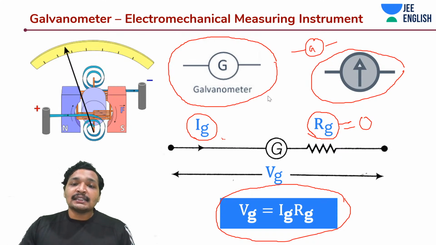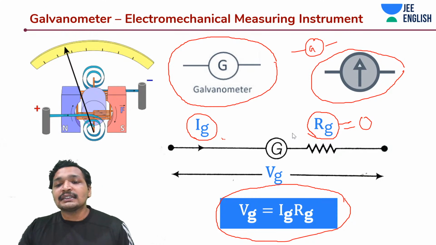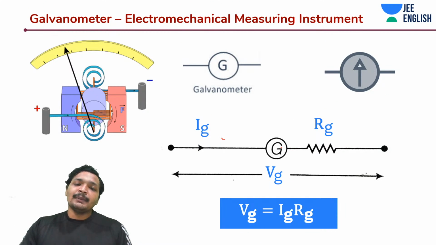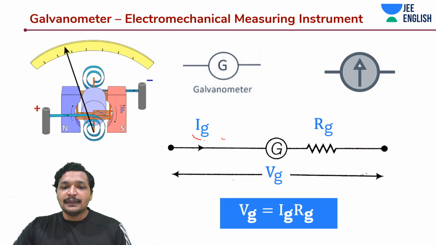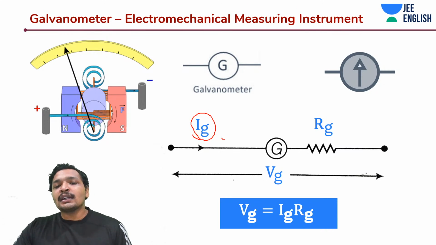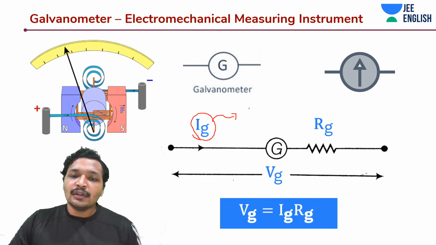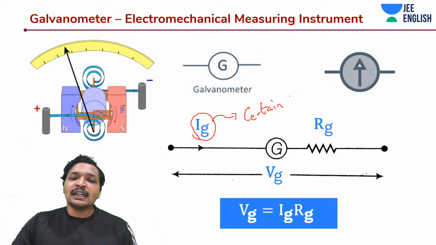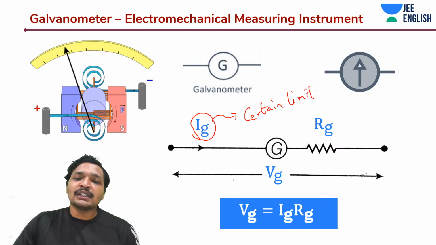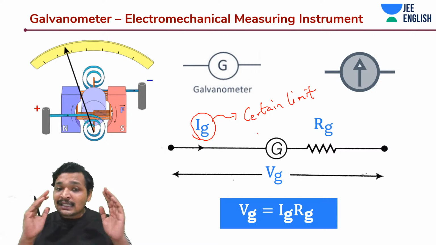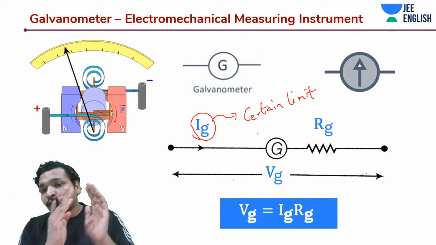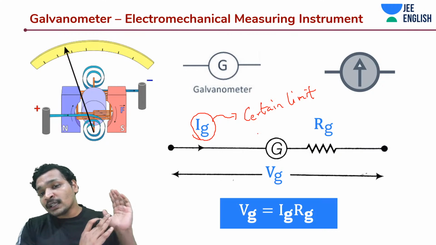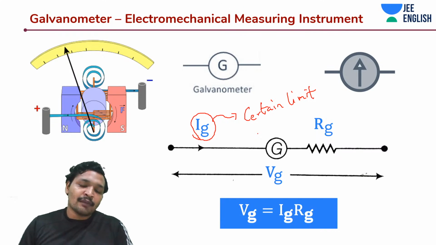But in this case, as I told you, galvanometer has a limitation. The limitation is that this IG can only go until a certain limit. There is a certain limit for the full deflection current. There is a certain limit for the current that can flow inside galvanometer. More than this current may typically damage your galvanometer.